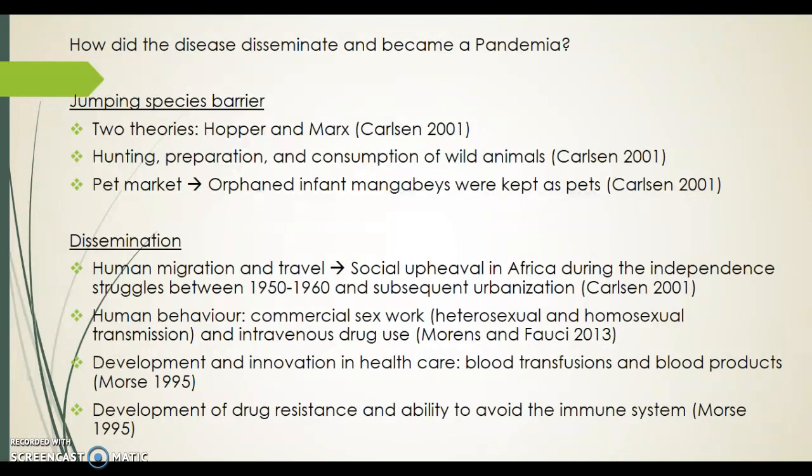Okay, so how did the disease disseminate and become a pandemic? Well, it first obviously had to jump the species barrier. So it could be explained by the two theories presented, both Hooper and Marx. Another possible explanation is the hunting, preparation, and consumption of wild animals.